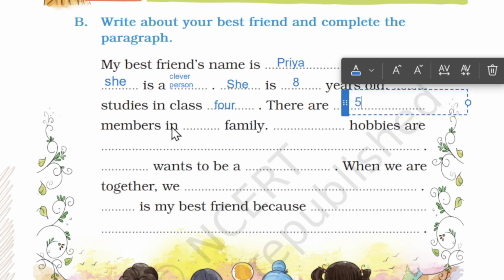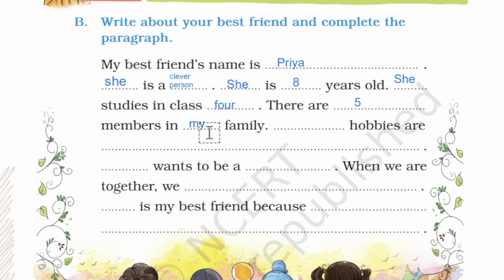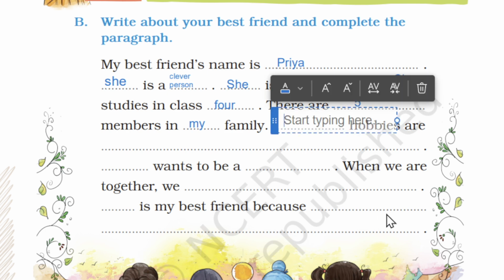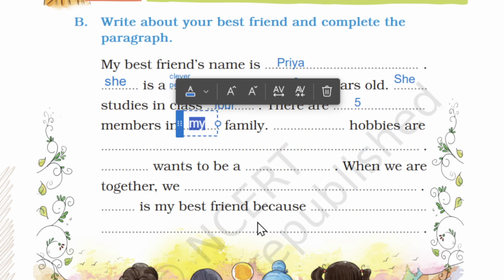You can write, there are 5 members in my family. You can write my family or her family, anything you can write. Okay, my hobbies. Now this is write about your best friend, so you need to write about her family.